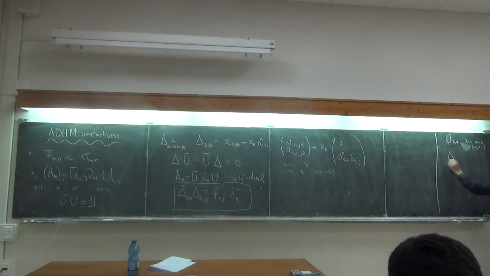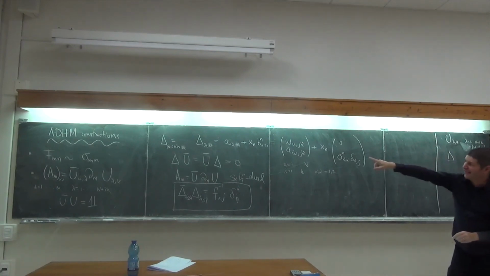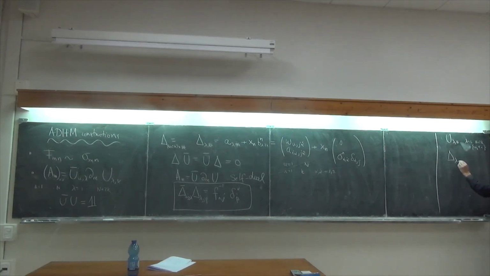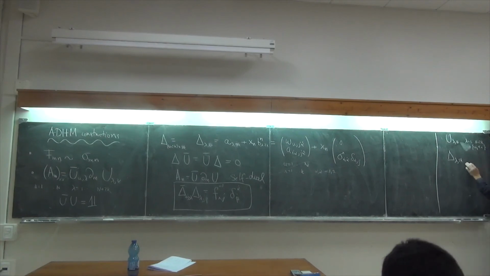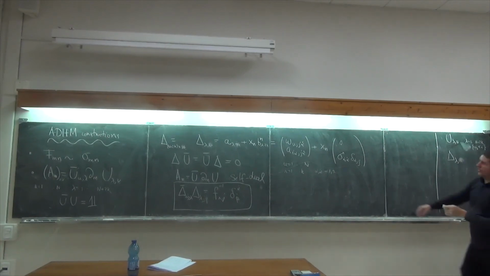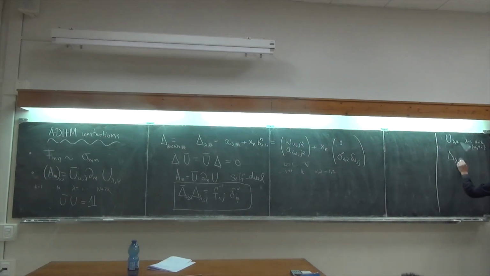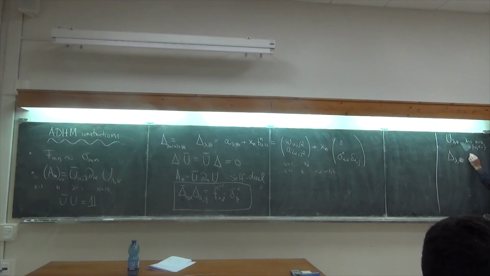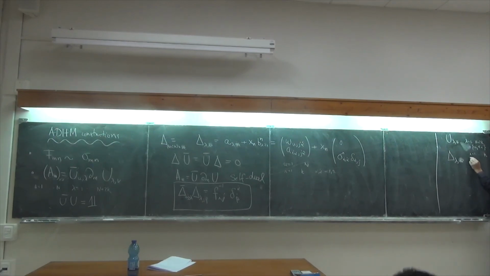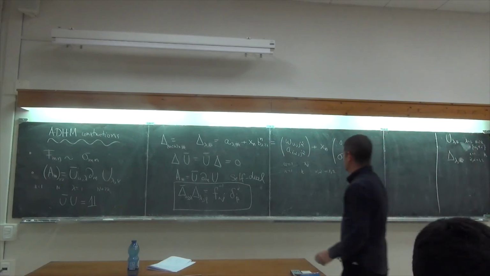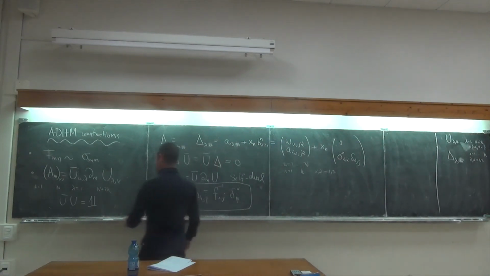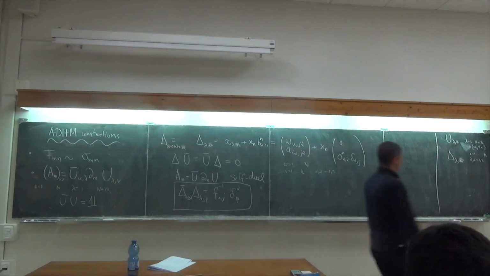Then we have a matrix delta, which is lambda by 2k, and this lambda we call lambda i alpha dot. This i is going from 1 to k, and alpha dot is 1 to 2. What else do we have? That's all.